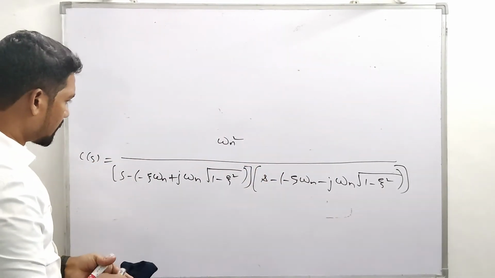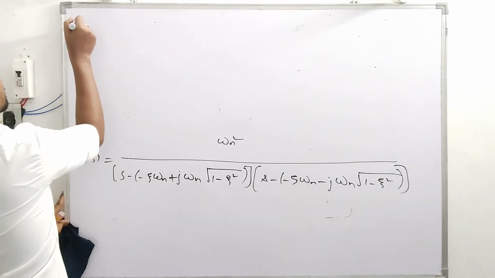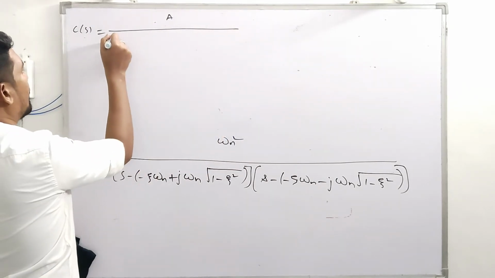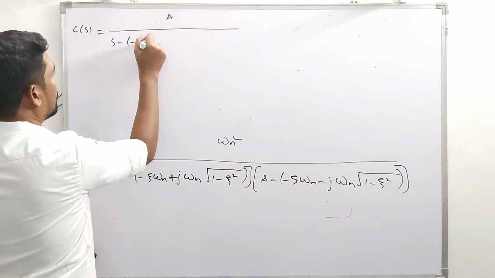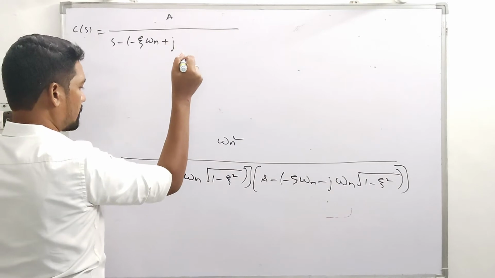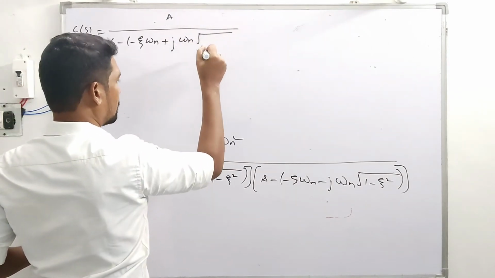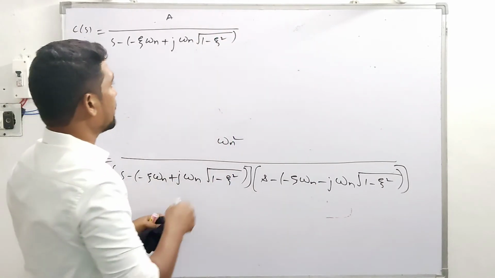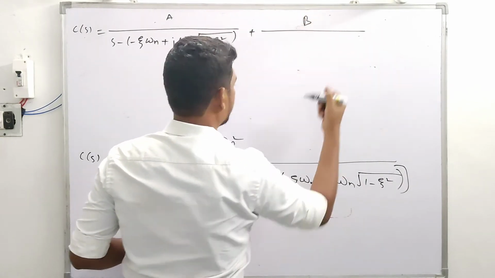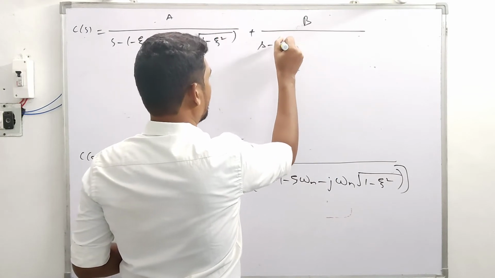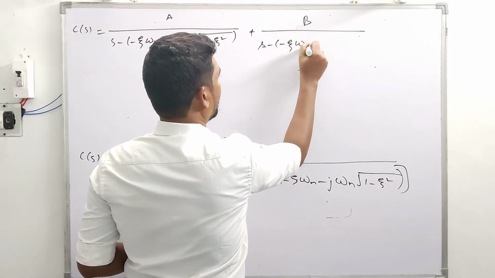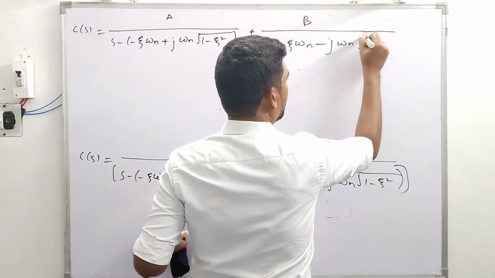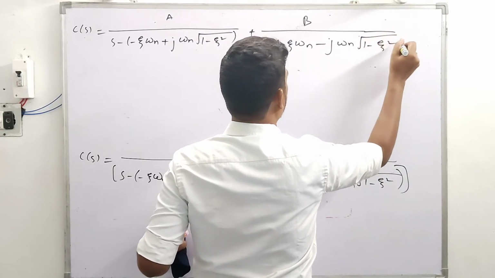All right, once again, splitting into its partial fraction, it's a distinct root, and so C of s can be written as a upon s minus of minus zeta omega n plus j omega n into under root 1 minus zeta square, close this one, for the fourth root, all right, plus b by s minus of minus zeta omega n minus j omega n into under root 1 minus zeta square, close the bracket.